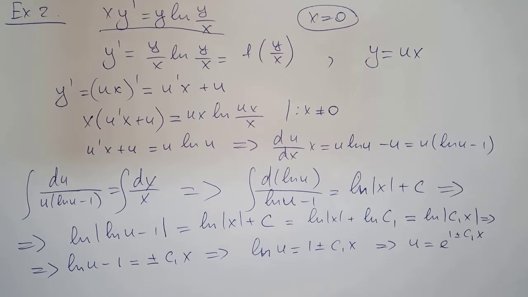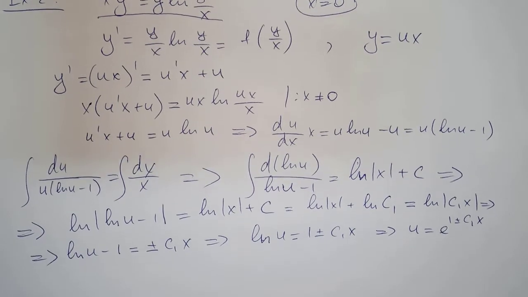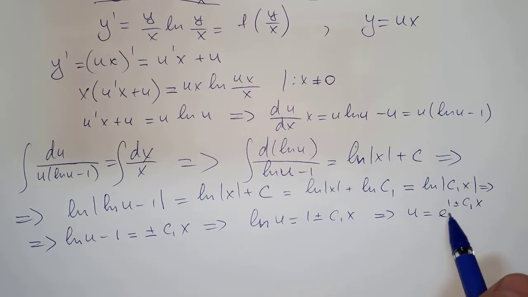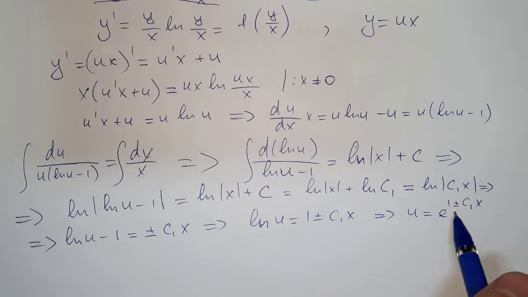Okay, so it means we have got two solutions: u is e to the power of 1 plus c1 x, and e to the power of 1 minus c1 x. If c1 is equal to 0, then y is xe.